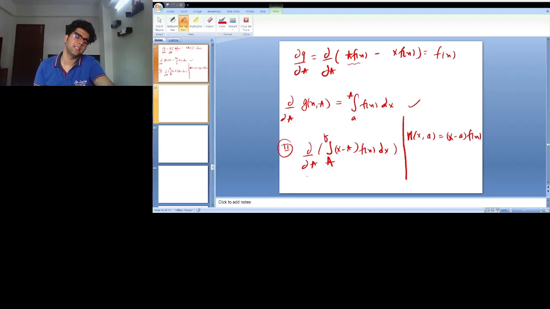Now see, h(x, a) is the negative of g(x, a), right? So I can represent it that way. I can just write the integral from small a to capital A of f(x) dx minus the integral from capital A to small b of f(x) dx, because it's just the negative of the integral of g(x, a). But I'm going to show you all of the steps so that you don't get confused anywhere, right?